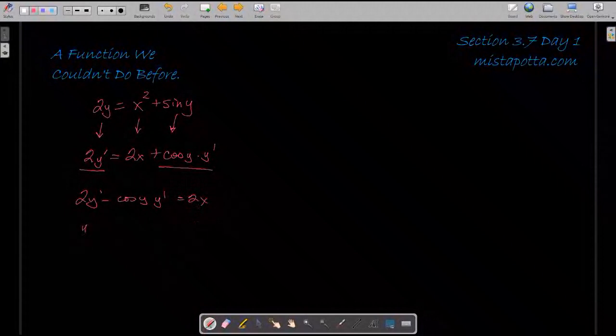And then I can factor out y prime. I'm going to be left with 2 minus the cosine of y, and so I end up with y prime equals 2x over 2 minus the cosine of y.